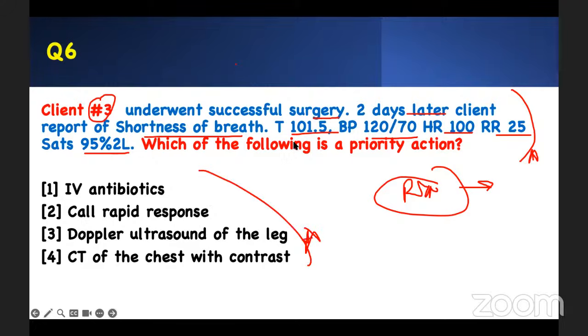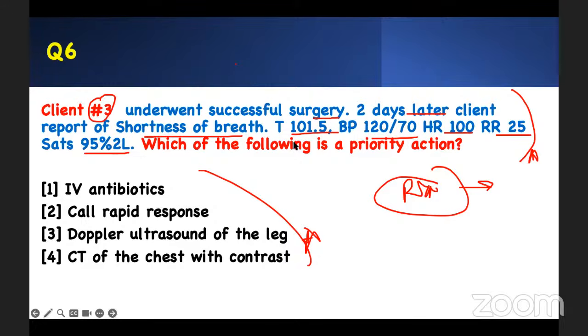Did you figure it out? 2 days after surgery, shortness of breath, tachycardia, low-grade fever, tachypnea, saturation 95 on 2 liters. Those are the signs and symptoms of a specific problem. The first one I presented, the patient has a leak. I told you there are 2 things you worry about in a gastric bypass patient: anastomosis leak and what?